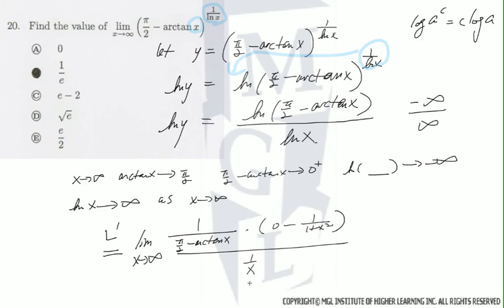Okay. So let's simplify that. And we get, if you multiply by x, we get minus x, all over pi over 2 minus arctan x times 1 over 1 plus x squared.